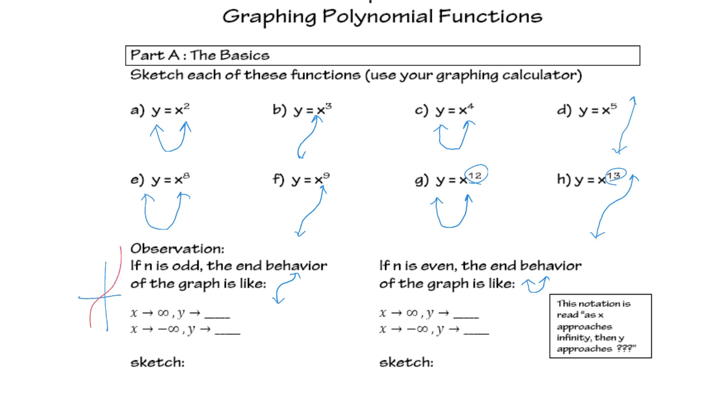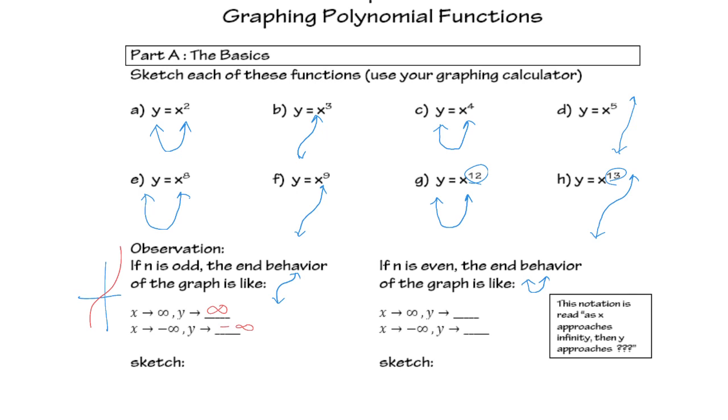As x is approaching negative infinity, y is also approaching negative infinity. But if x is approaching positive infinity, then y approaches positive infinity. So let's fill that in. As x approaches infinity, so does y. As x approaches negative infinity, so does y.